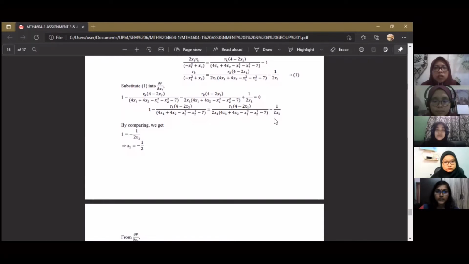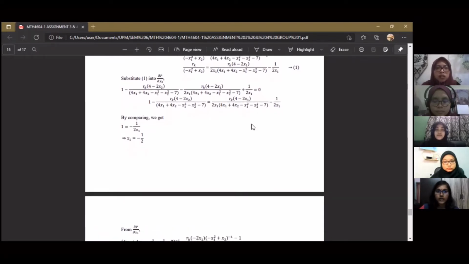So we get the second equation, 1 minus rk (4 minus 2x2) over (4x1 plus 4x2 minus x1 square minus x2 square minus 7) equal to rk (4 minus 2x1) over 2x1 (4x1 plus 4x2 minus x1 square minus x2 square minus 7) minus 1 over 2x1.